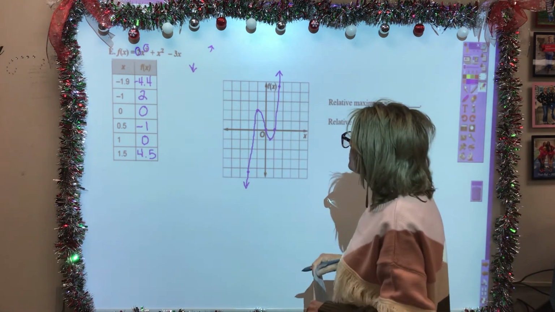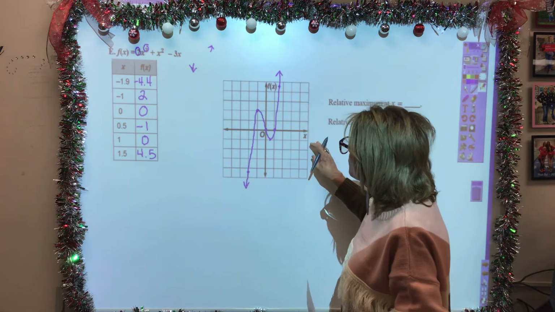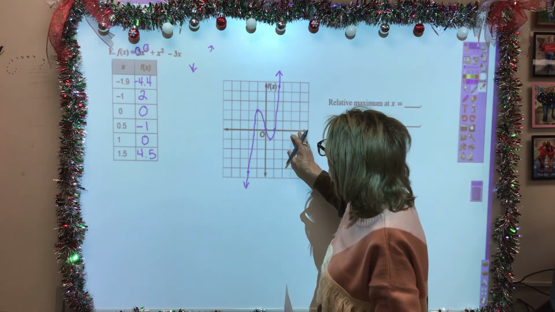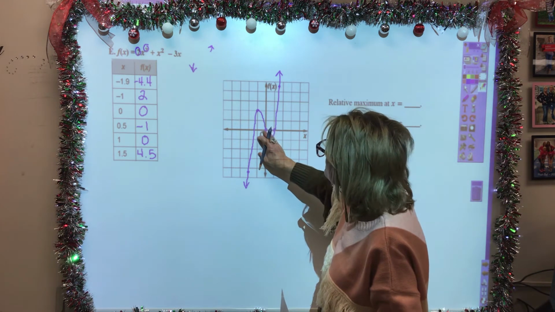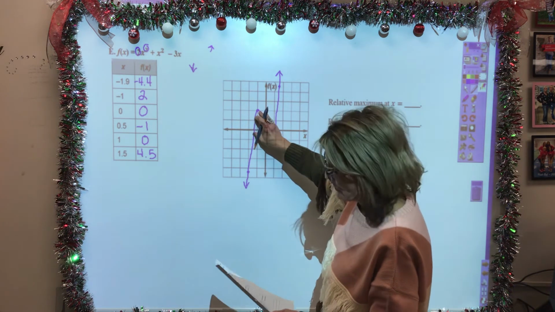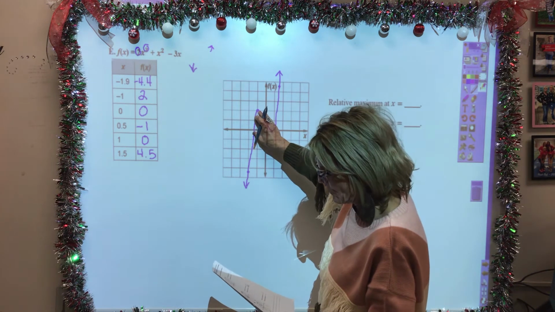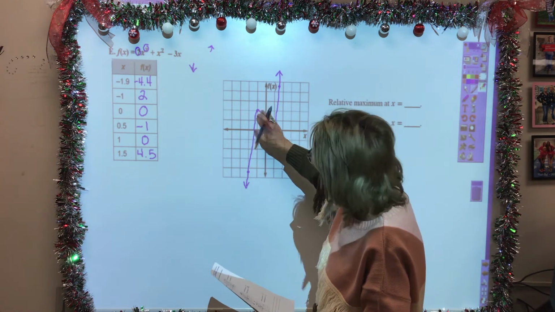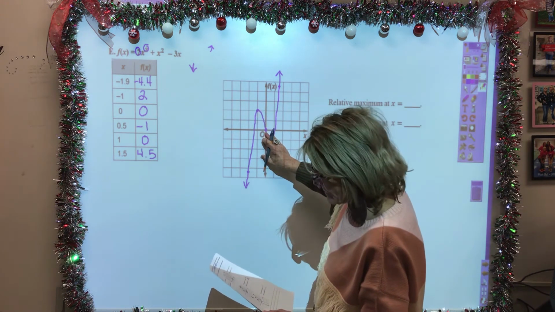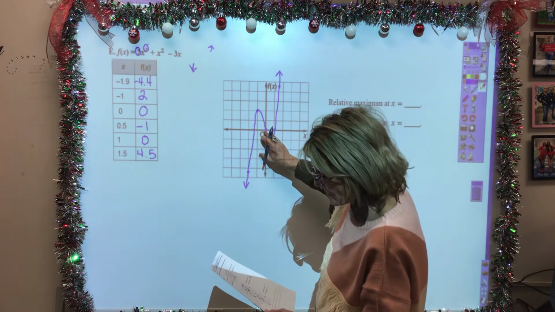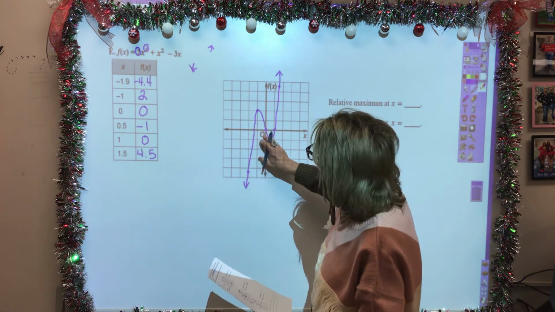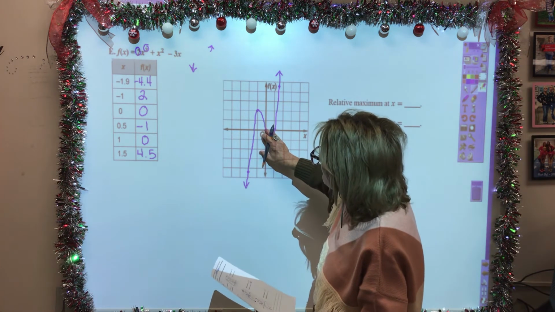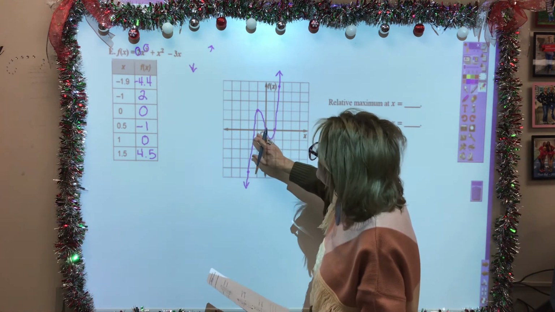Okay, so you can see that we have a relative maximum at x equals negative 1, let's see, I may have graphed it wrong. I didn't graph it wrong. Oh, I'm sorry. I was reading my notes, I thought I failed to plot a point.